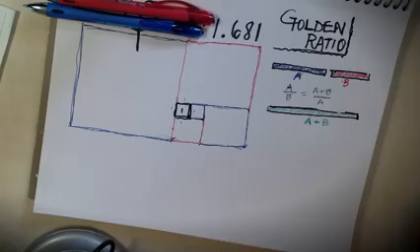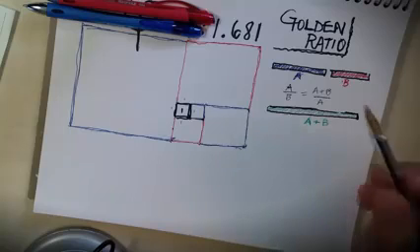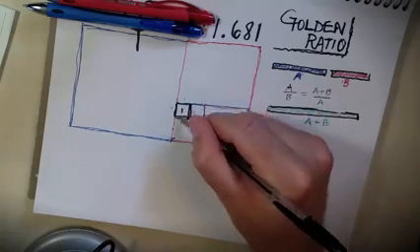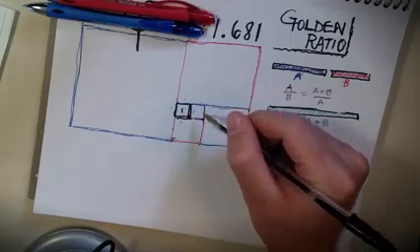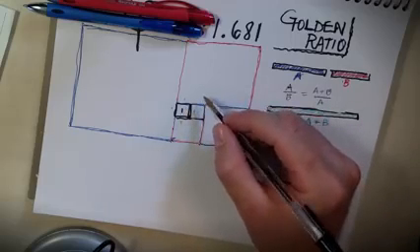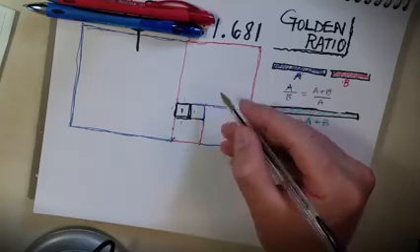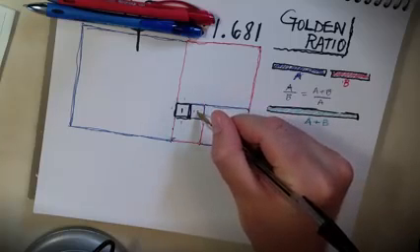So by adding the arc in each square, you'll end up with a diagram of the golden spiral. I started my spiral in the wrong square. You're supposed to start in this one. But here we go. I have to makeshift this one here.